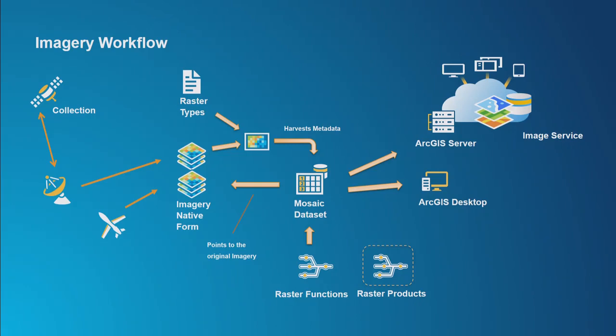But then to distribute that imagery within our organization, or maybe even outside to clients and collaborators, we might want to publish that imagery as an image service. And I should say, to publish an image service yourself, you do need ArcGIS Enterprise with the imagery role, this new imagery role that we have there.